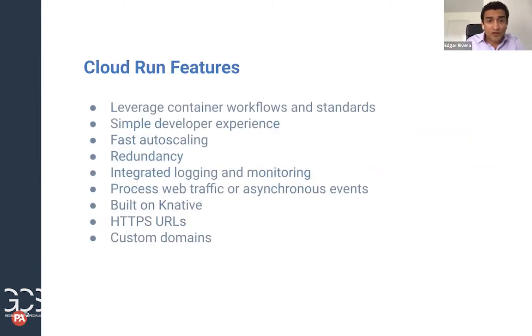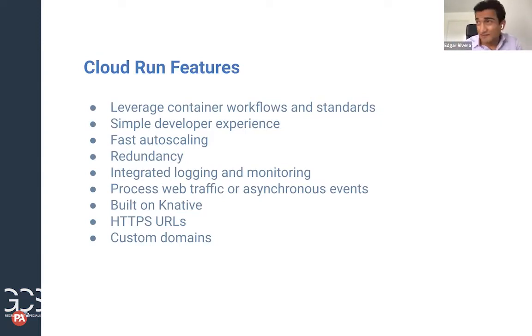Now, what other features are important? Cloud Run uses existing technologies like containers, Docker containers. So as long as it's a standard Docker container, it's okay. And as long as it's HTTP traffic and it listens on the port 80, you can deploy on Cloud Run. And it's a very simple developer experience because you just need to deploy an image.